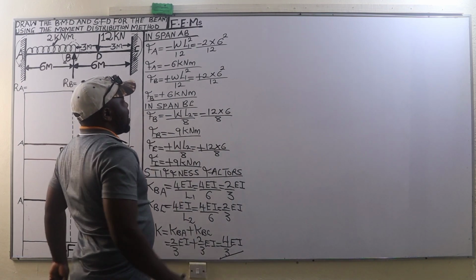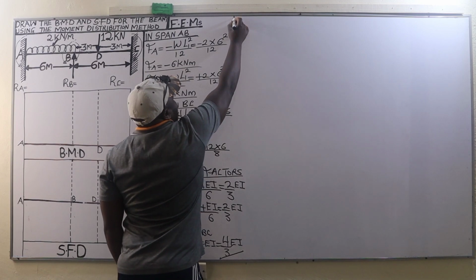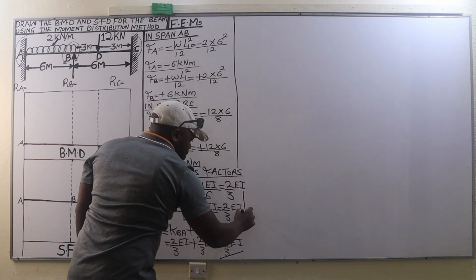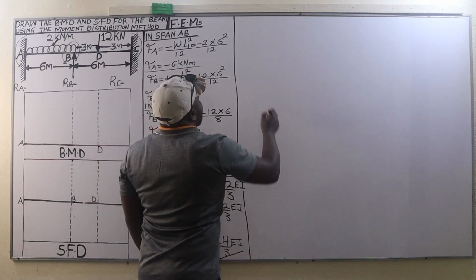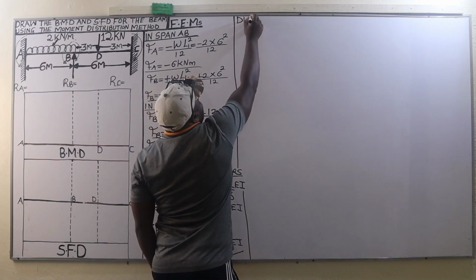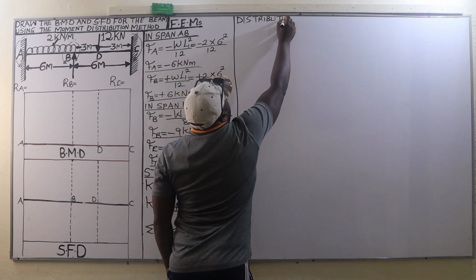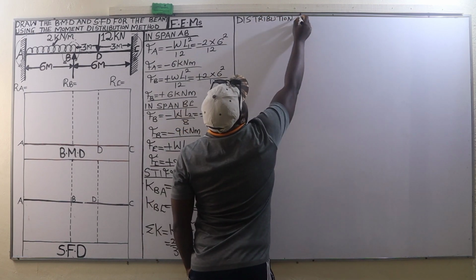Then after calculating the stiffness factors for those two members, the next thing we are going to determine is the distribution factors. So we go to distribution factors.